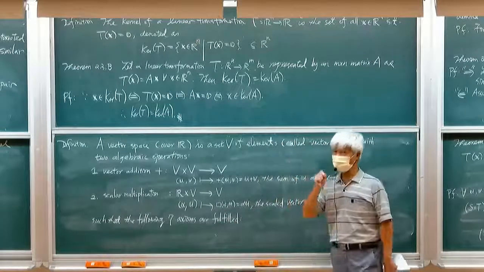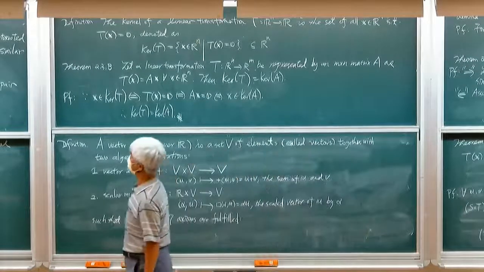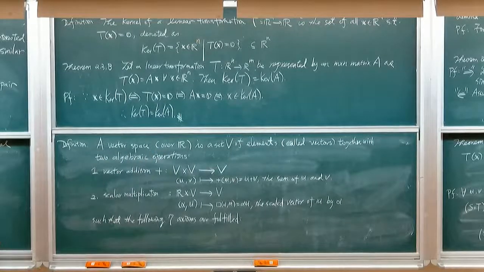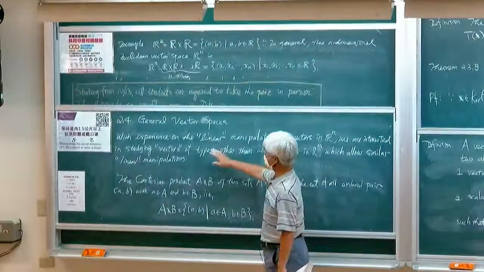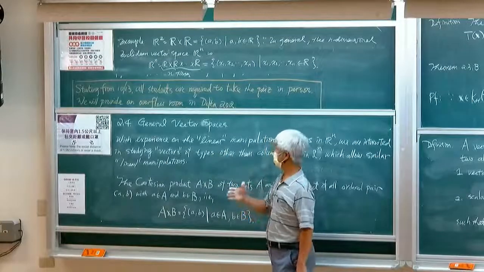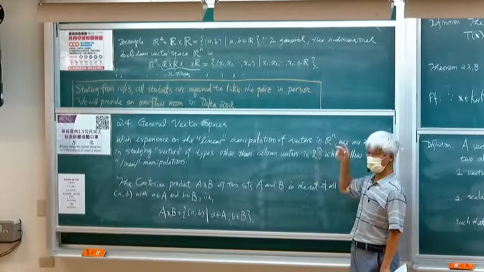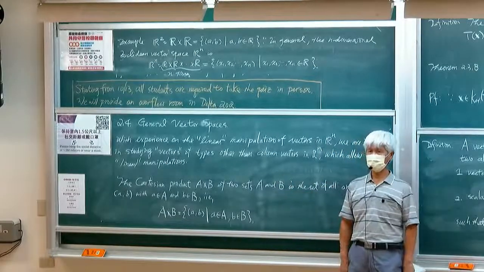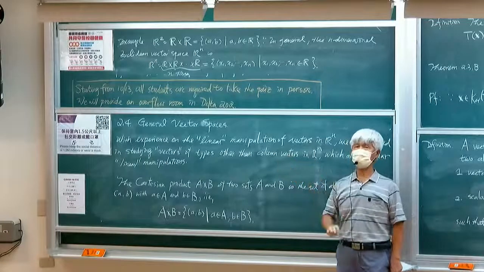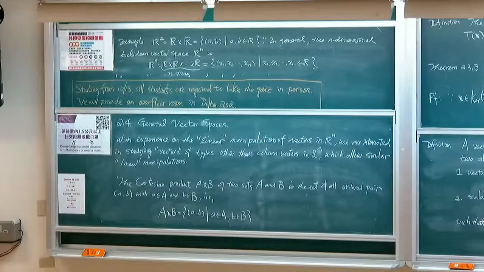But the important thing I have to say is that, to extend our experience of linear manipulation of column vectors in Rn, all right, we want to expand this experience to some object. There are some preliminary work to do.